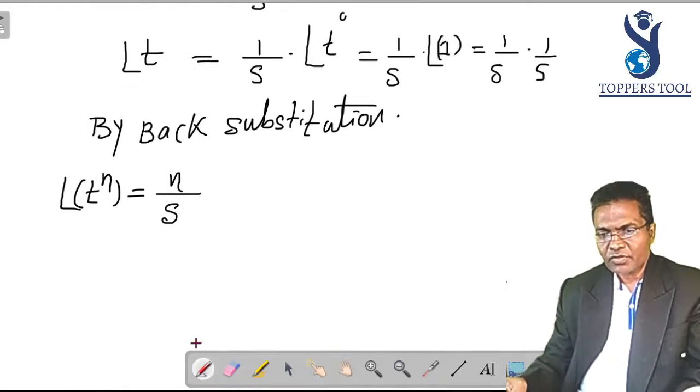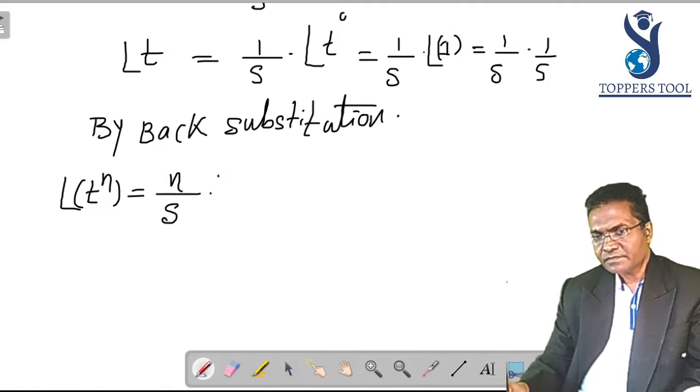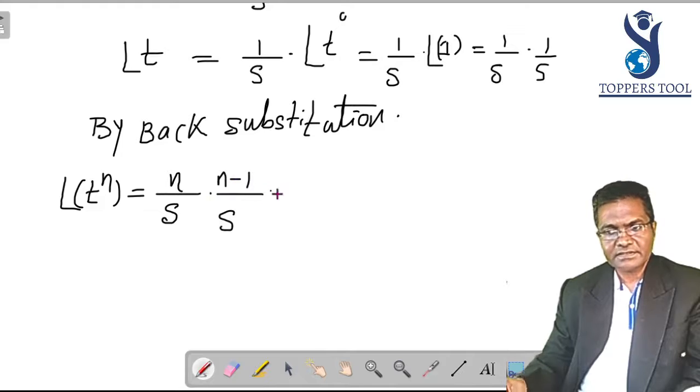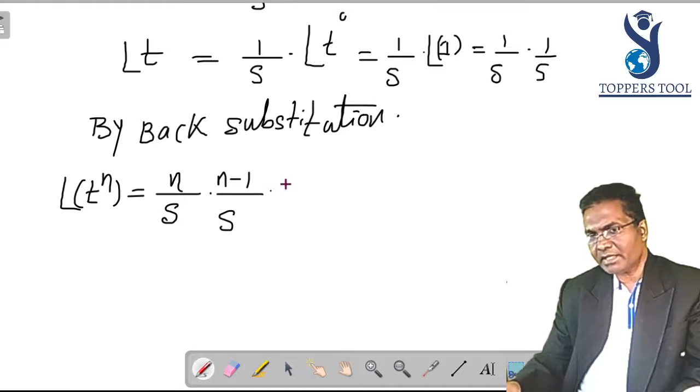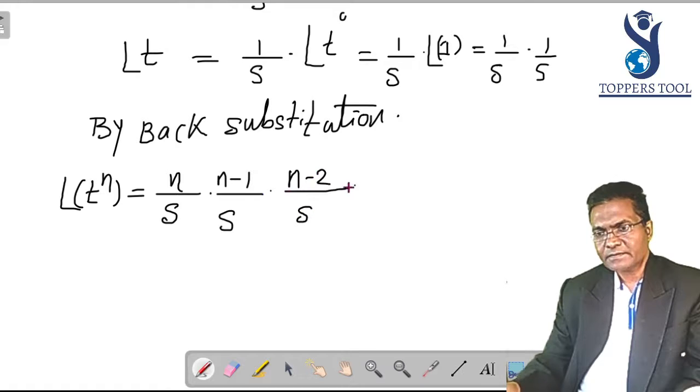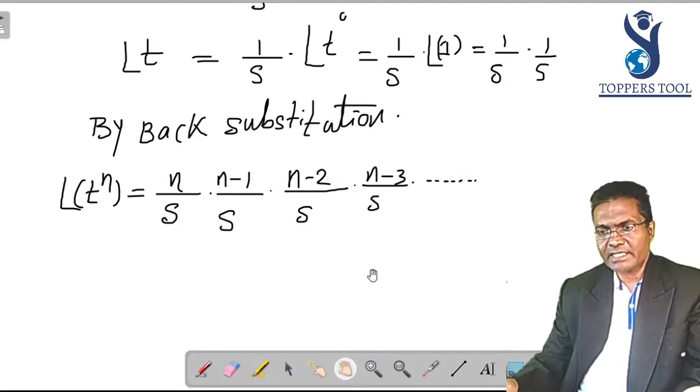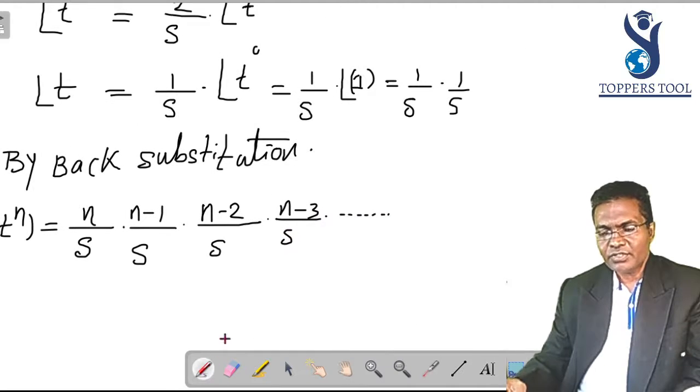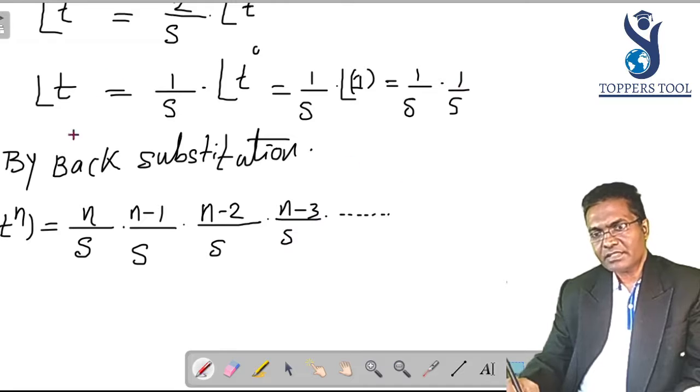So it is n minus 1 by s, and again L of t power n minus 2 is n minus 2 by s, n minus 3 by s into, it continues like this, and you will end up with L of t power 1.